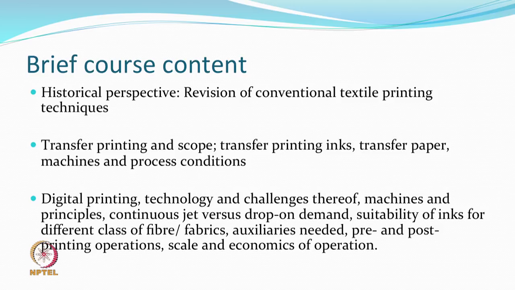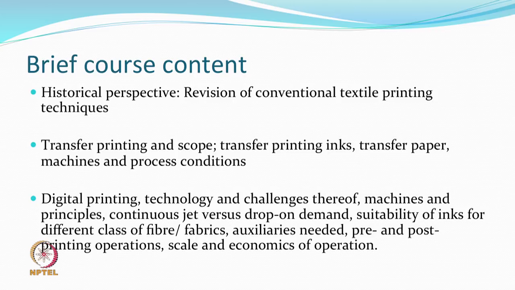And then the digital printing, which is also becoming popular now. It is because of the cost that we find that most of the machines are not available as far as production is concerned, but people are getting into it, and hopefully the next decade would be a different decade.